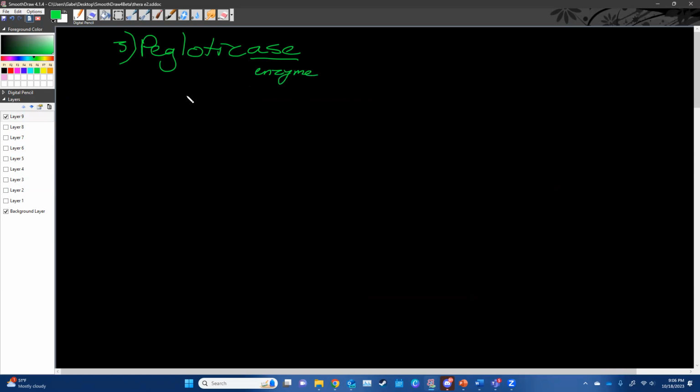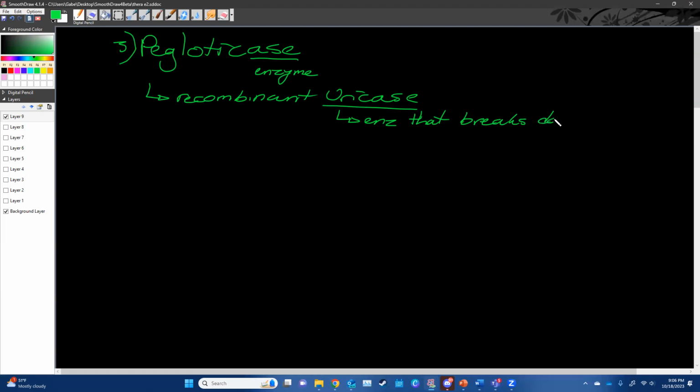So pegloticase is recombinant uricase. And uricase is the enzyme that breaks down uric acid. So the mechanism of action of pegloticase is that it causes the breakdown of the uric acid crystal.